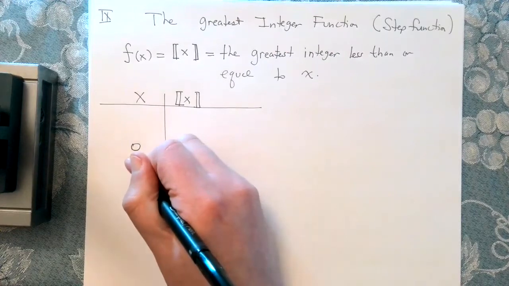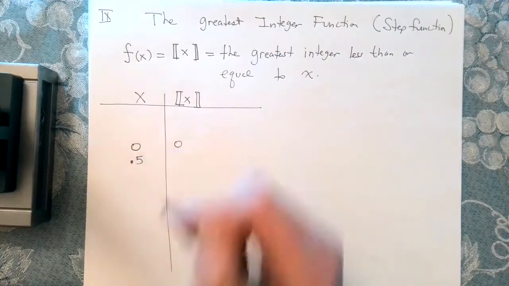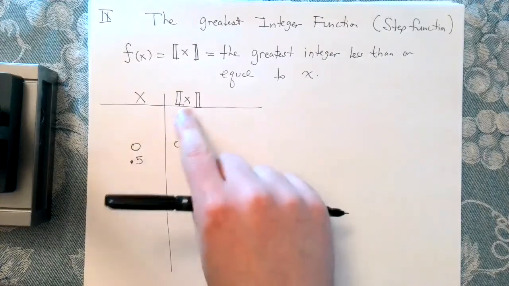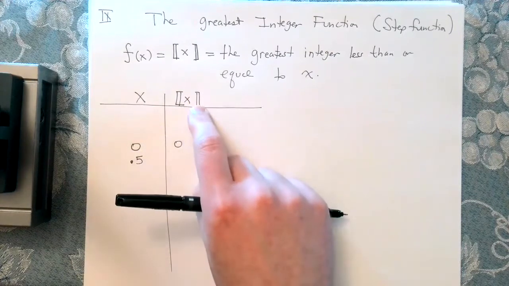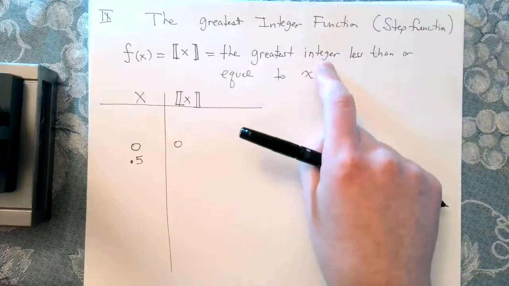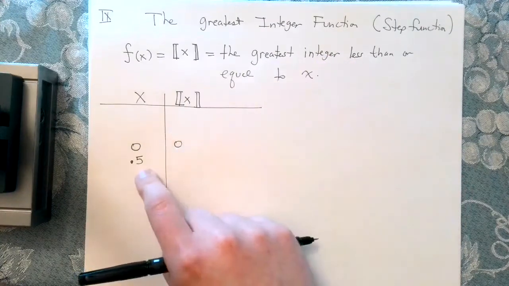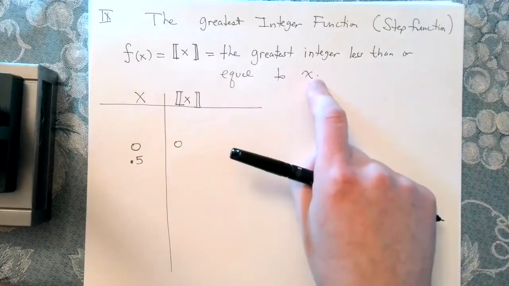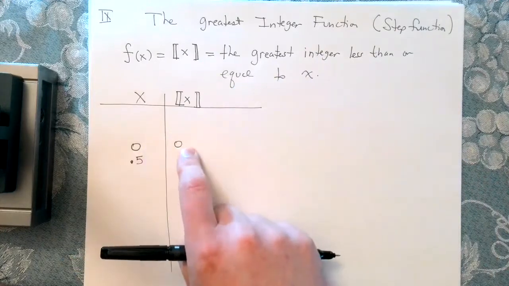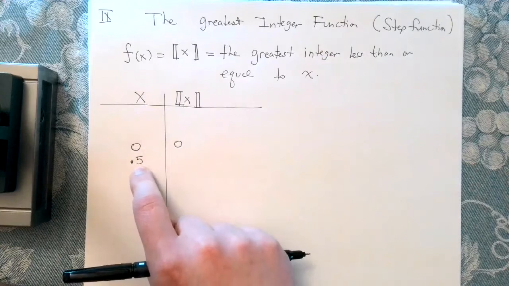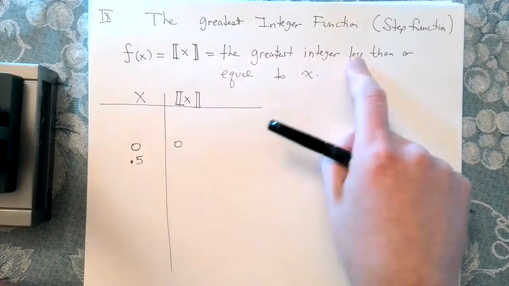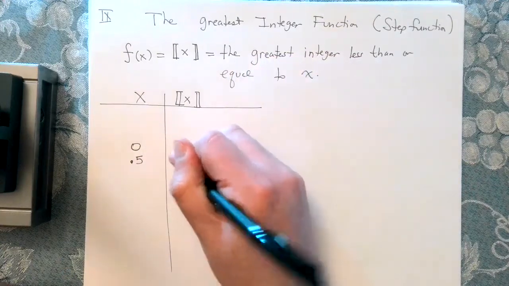Let's try 0.5. If I plug in 0.5, this wants to know what's the largest integer that's less than or equal to 0.5? The or equal only comes into play if you input an integer. So if I input 0.5, what's the largest integer less than 0.5? 0.